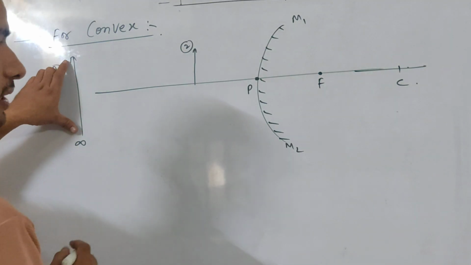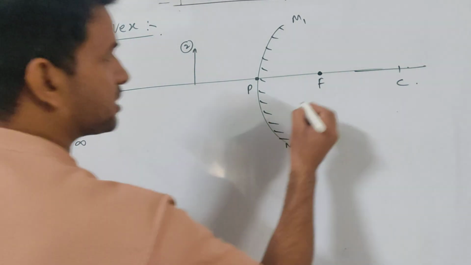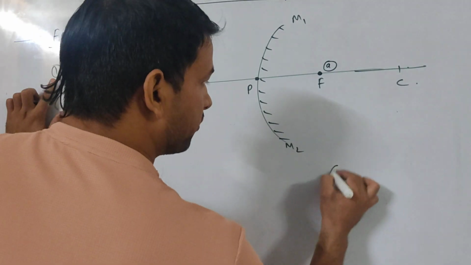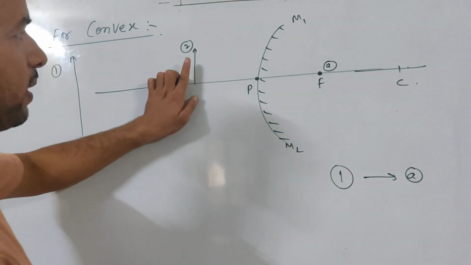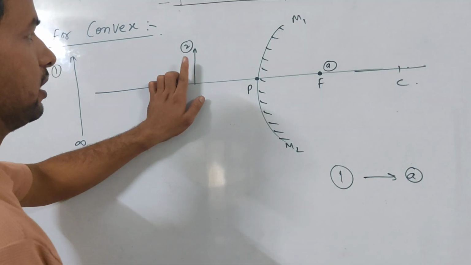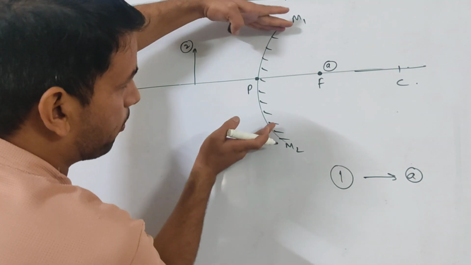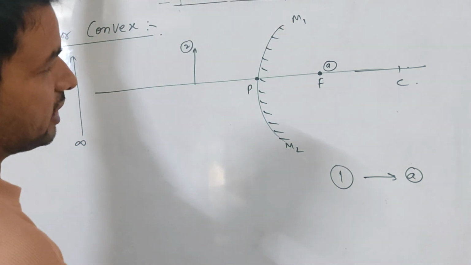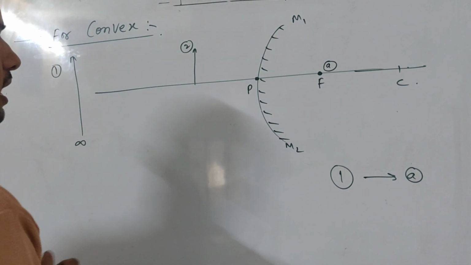ऑब्जेक्ट अगर इधर है तो ये फोकस पे बनेगा, बहुत ही पॉइंट साइज. मैं इस फर्स्ट को ए से नोट कर रहा हूं, यानी कि फर्स्ट ऑब्जेक्ट रखी है ए पे, ये इमेज बनी है. इस वाले के लिए हम साइन कन्वेंशन बनाते हैं, क्योंकि जो इंफिनिटी से रेज आती है वो पैरेलल बीम ऑफ लाइट आती है, और पैरेलल बीम ऑफ लाइट ऐसे रिफ्लेक्ट होती है इससे बाहर, और फाइनली ये फोकस पे जाके मिलती है. कल हमने ये डिस्कस किया है.